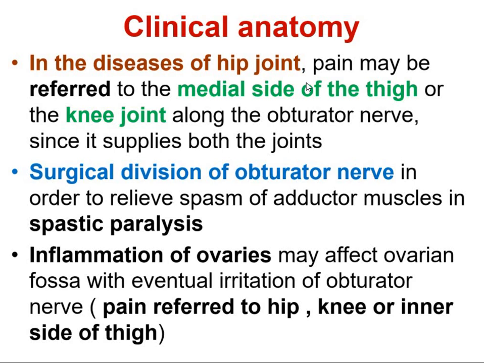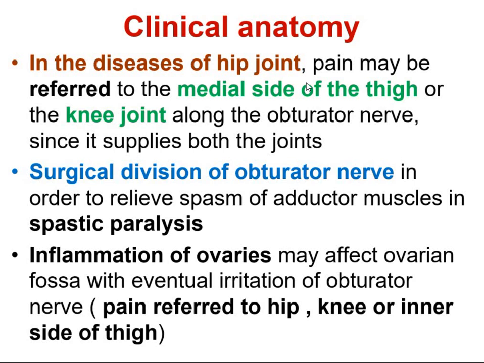In case of diseases of hip joint, the pain may be referred to the medial side of thigh or to the knee joint along the obturator nerve. So this obturator nerve is innervating all these structures, so there can be referred pain.